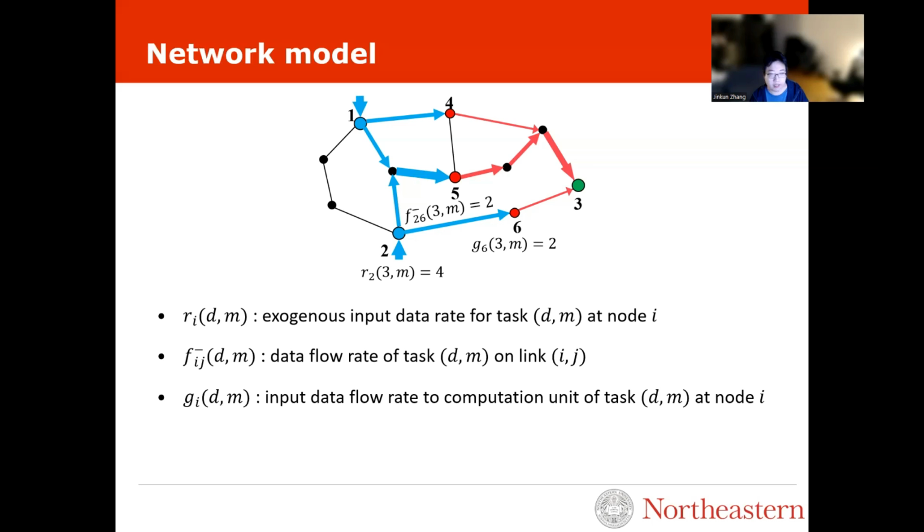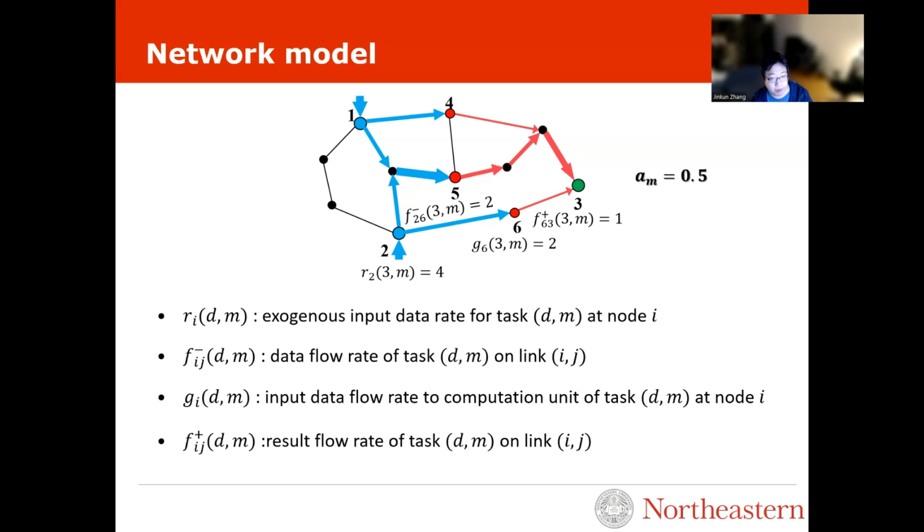Here we assume that all the data that arrives at node 6 is computed there, so g_6 is also 2. And we assume a_m equals 0.5, then the result flow from node 6 to node 3 is 0.5 times g_6, which is 1. This we denote as f_ij plus.